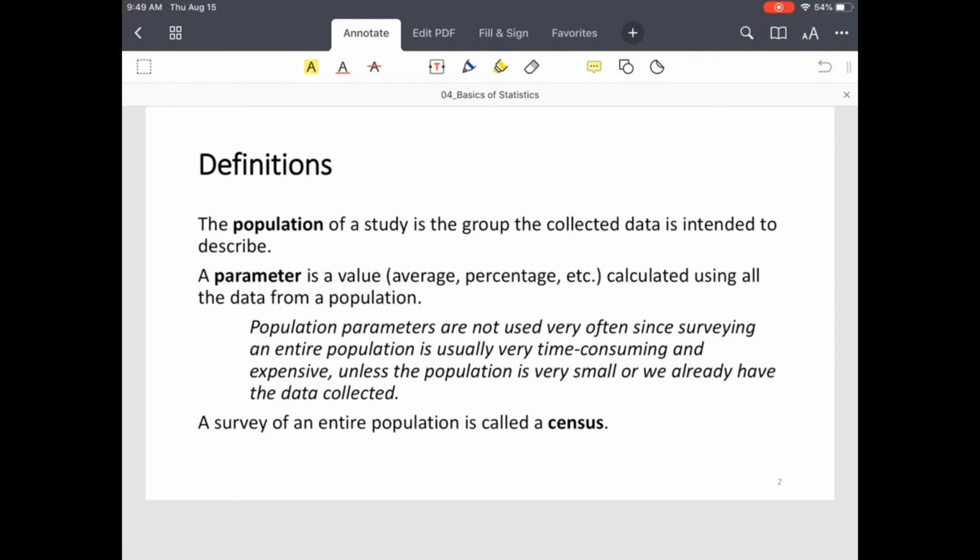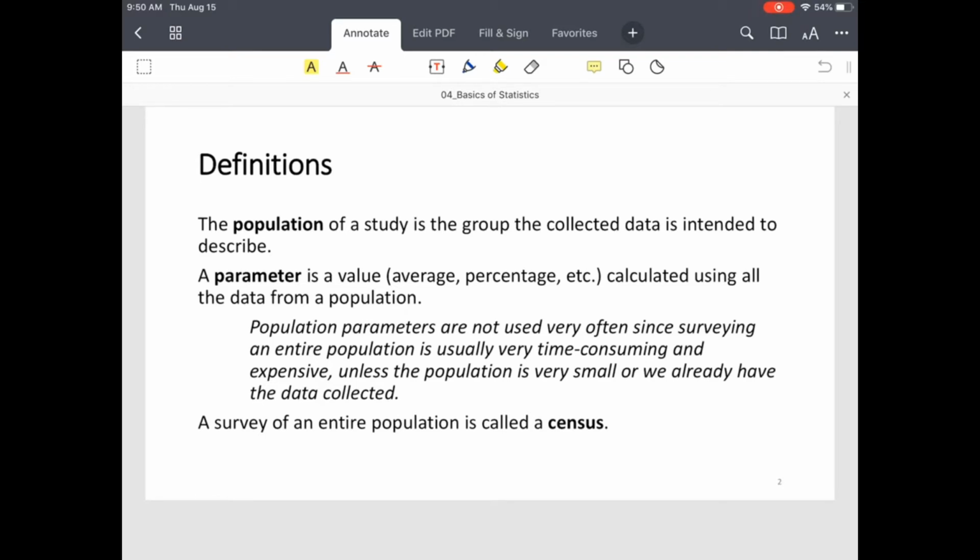Let's think about the population of the United States of America. We're probably at 320 million people. That's the population. The parameter would be something like, what's the average age of a United States citizen? That's the parameter, the numerical value that you're trying to calculate.